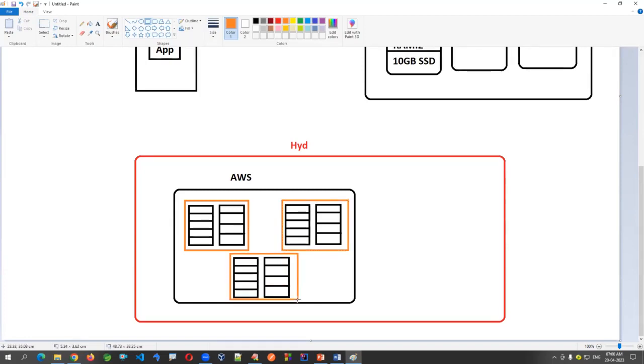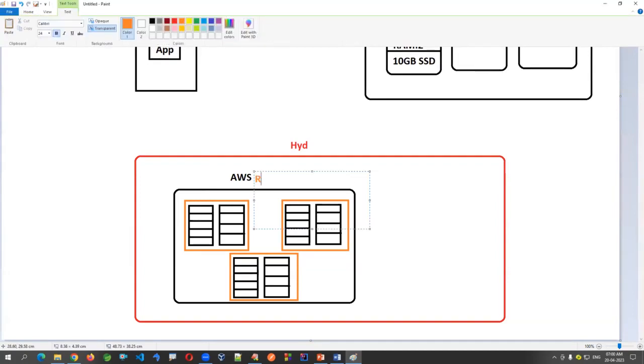These are what we call internal locations. This region is actually Hyderabad. In this Hyderabad, in location 1, they are placing some servers. This is called availability zone 1.